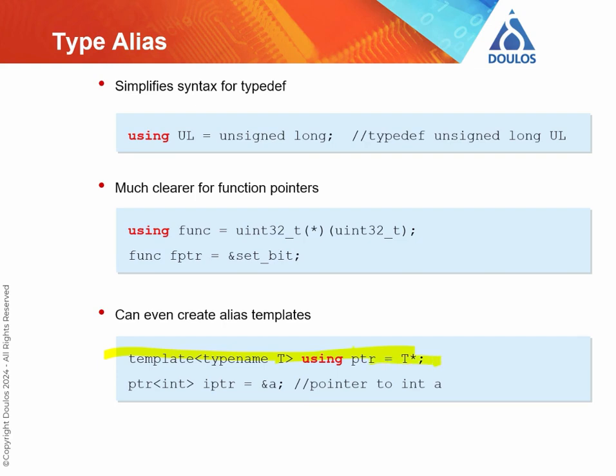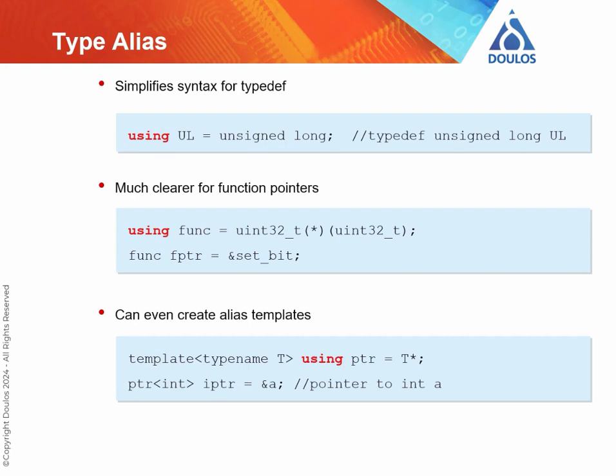And then to actually use it to create a variable, on the next line we've got ptr angle brackets int, and then we're using that to declare iPointer. So iPointer is going to be a pointer to an int. If we wanted to point it to some other type, we can simply use that type as the template parameter. Okay, so it gives us lots of flexibility, makes the code easier and more efficient to write.